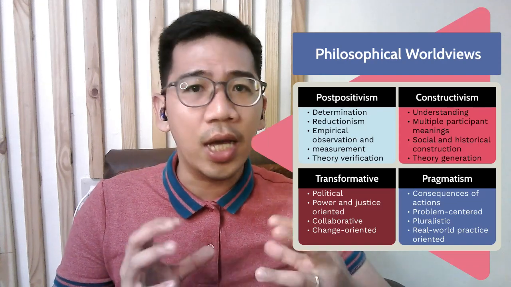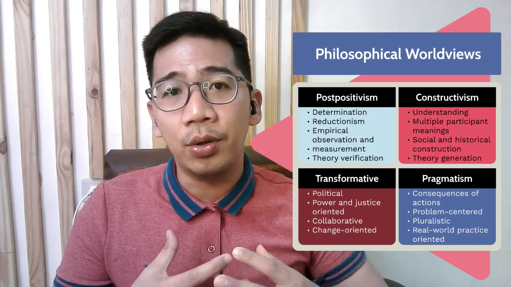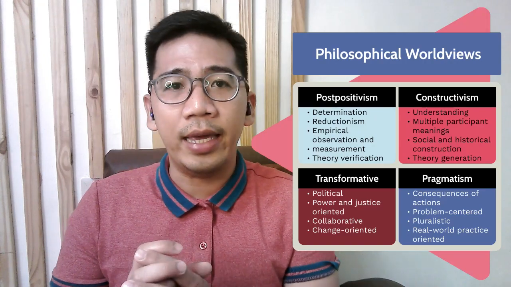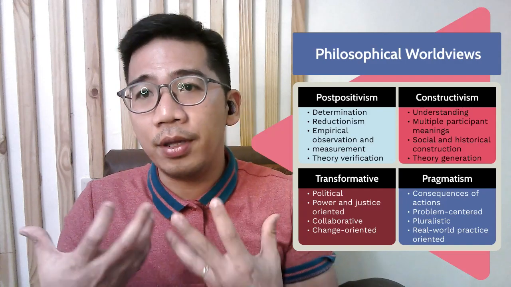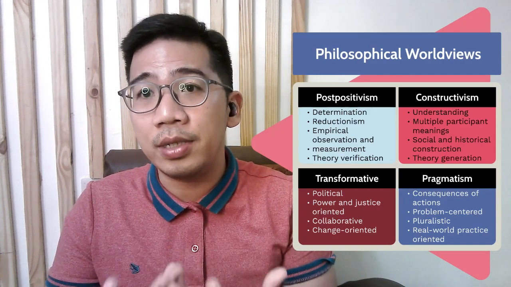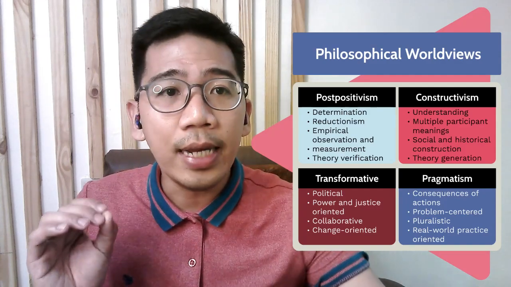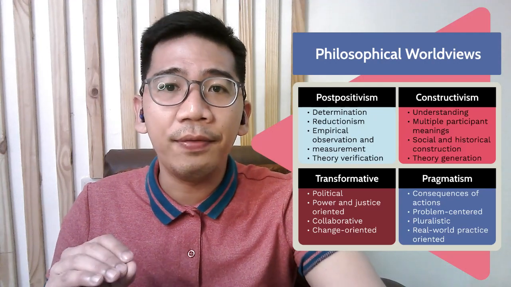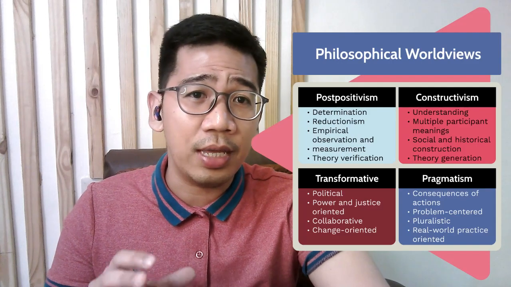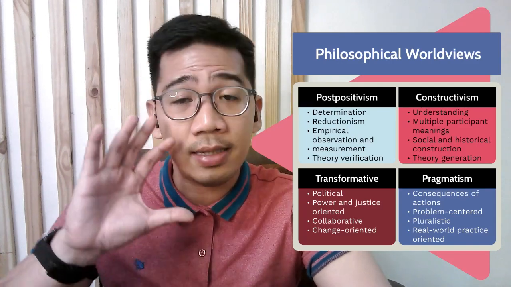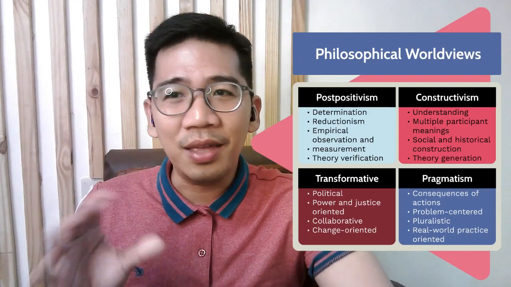It's also reductionist in nature because the goal is to narrow down the idea to a small testable set, like the variables that make up hypotheses and research questions. Now, post-positivists believe that knowledge comes from carefully observing and measuring the objective reality that exists somewhere out there in the world.